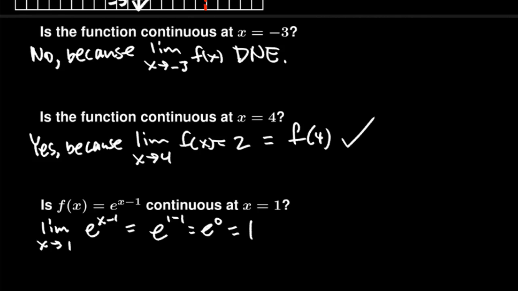So let's look at f of 1 itself. Some of you probably have already noticed that if you have the limit existing by direct substitution, you've already checked the function value. But I'm just redoing it for those who haven't quite realized that yet. So we see that the function value exists, the limit exists, and they are the same.